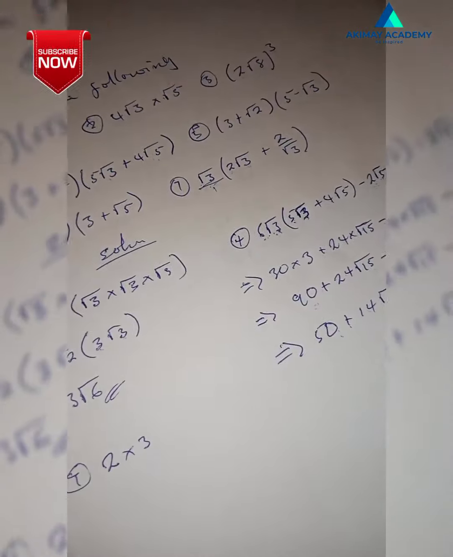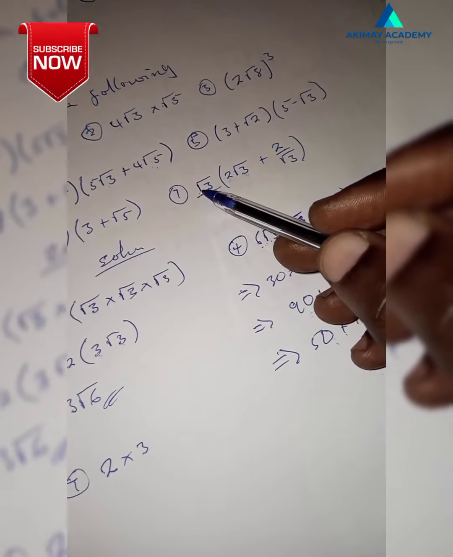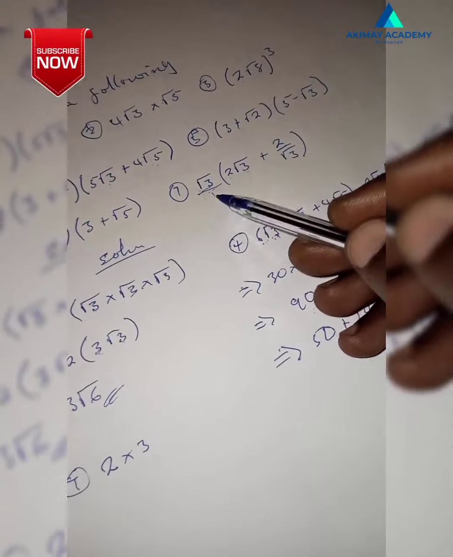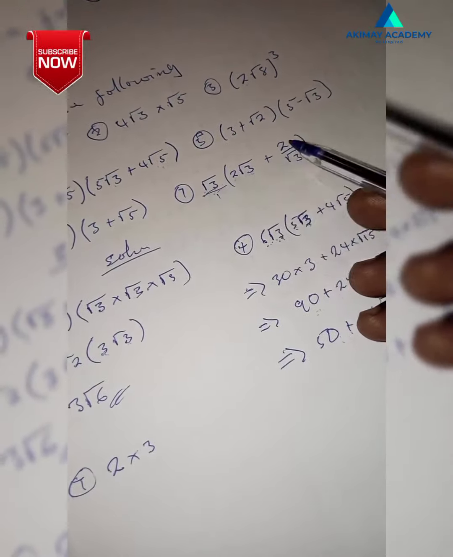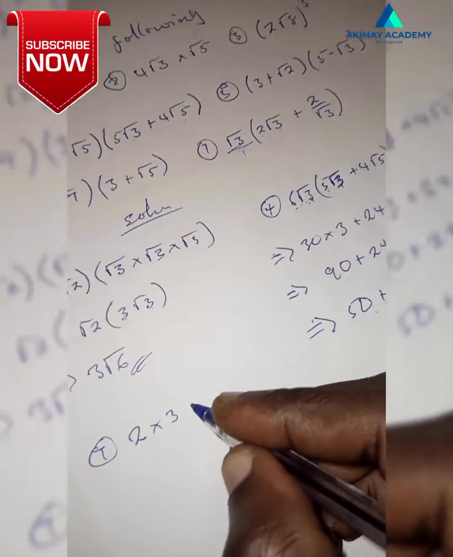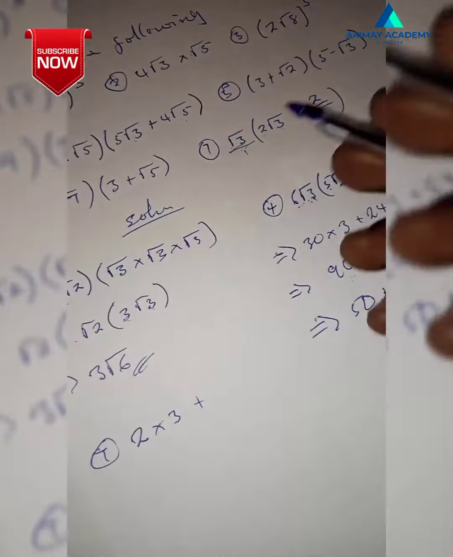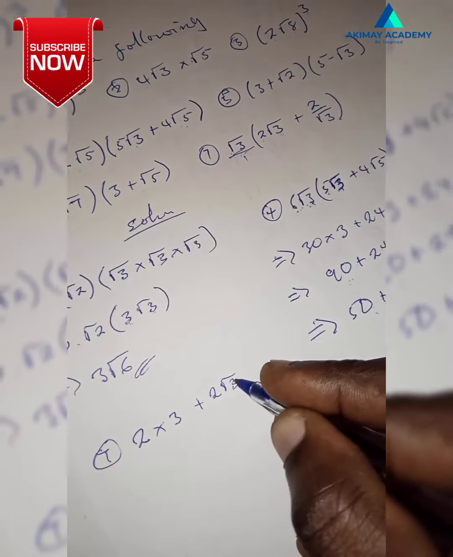Using the principle of multiplication, numerator times numerator, denominator times denominator, you have root 3 times 2 over here, and root 3 times 2 gives 2 root 3.